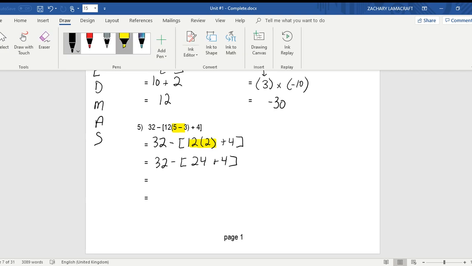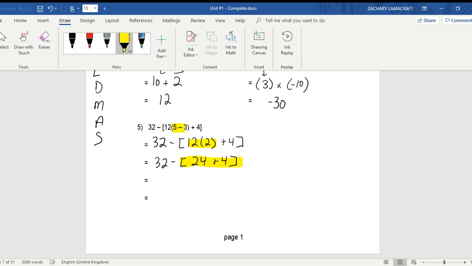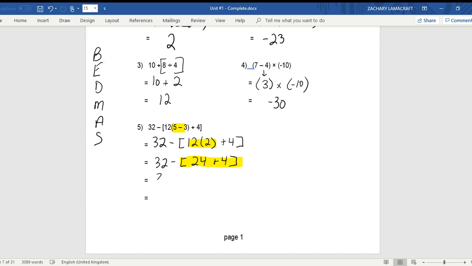Now, still dealing inside the bracket, we must complete this. So 24 plus 4 is 28. And then we'd be left with 32 minus 28, which is the answer of 4. So our answer would be 4.